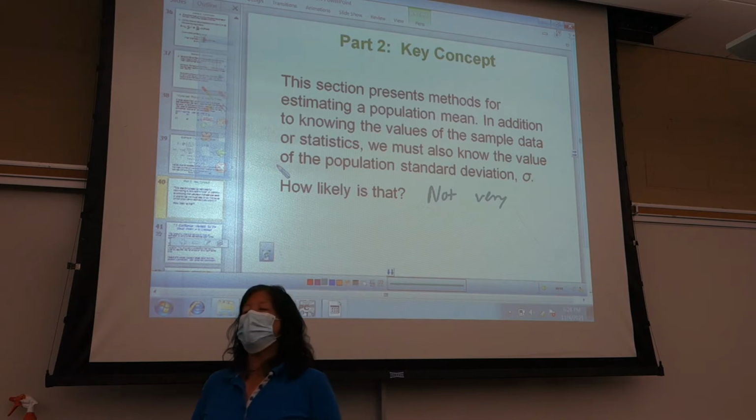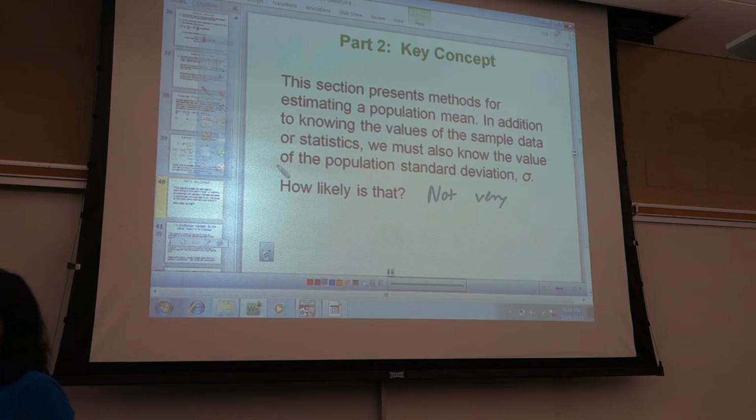So what's my best guess for my population mean? Say I want to know the heights of all people in the country. How would I get a good guess for the heights of all people in the country? Take a sample and find the what? The sample mean.